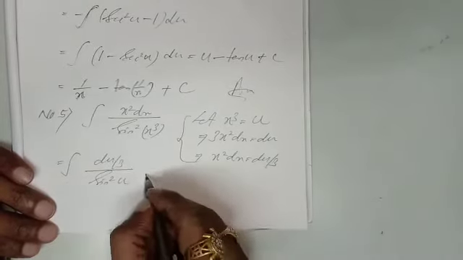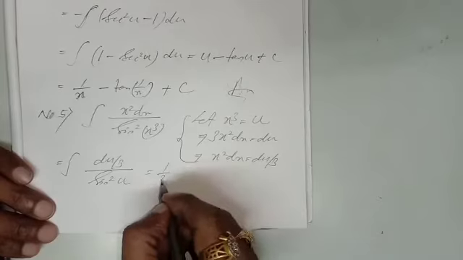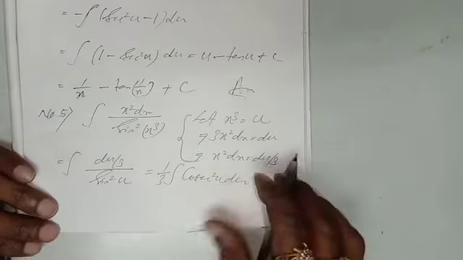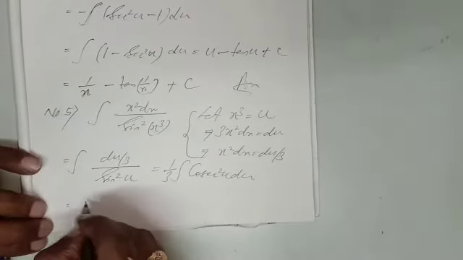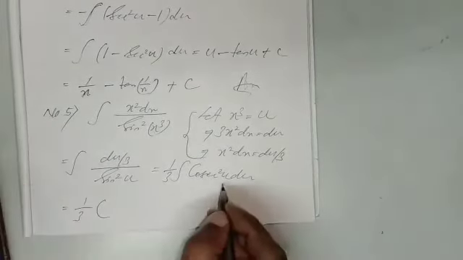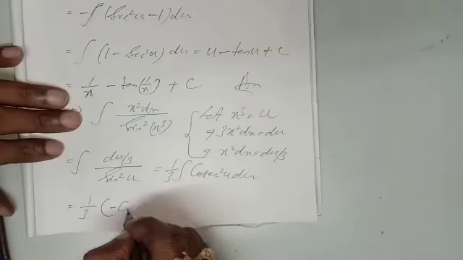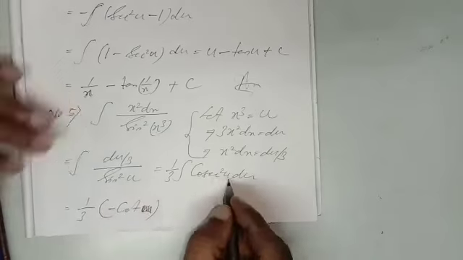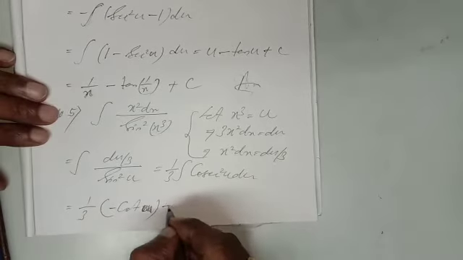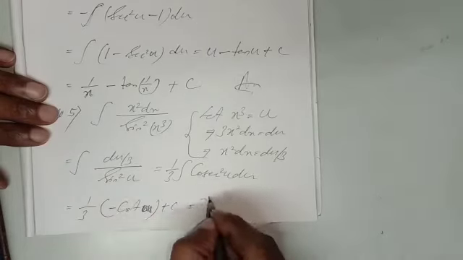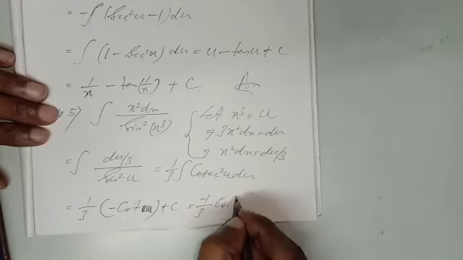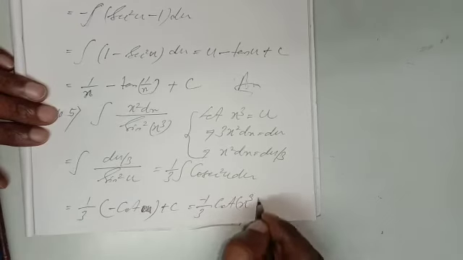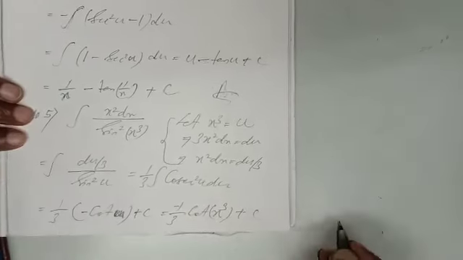And 1 by sin square is nothing but cosec square, that means 1 by 3 integration cosec square u du. So what is the integration of cosec square u? That is minus cot u. Integration of cosec square u is minus cot u plus c. Now this will be minus 1 by 3 cot, what is u? U means x cube, so minus 1 by 3 cot x cube plus c is the answer.